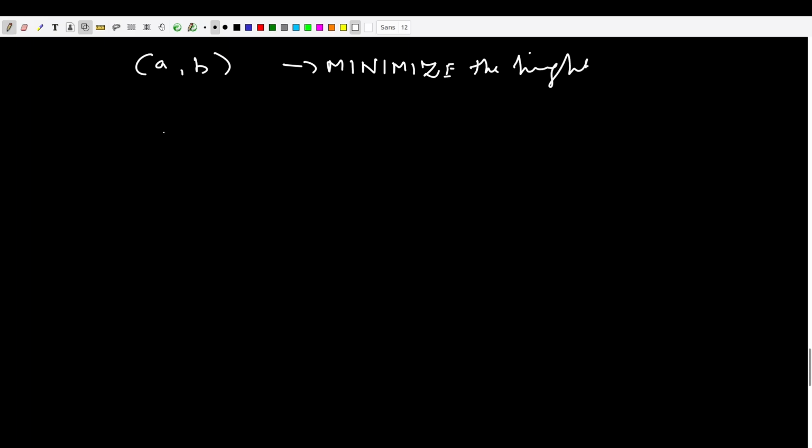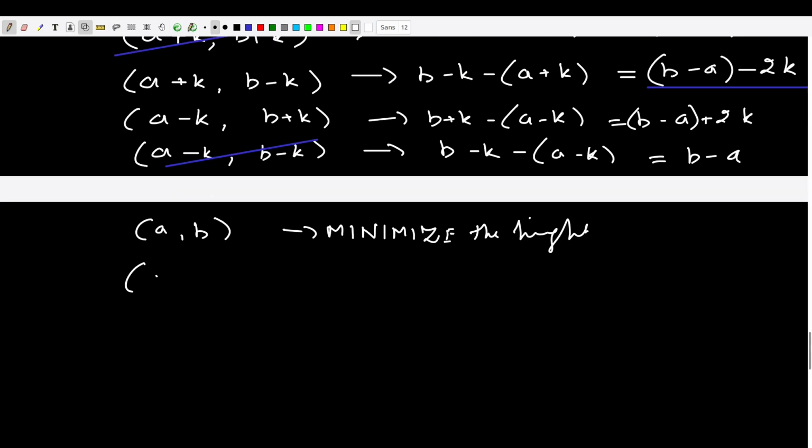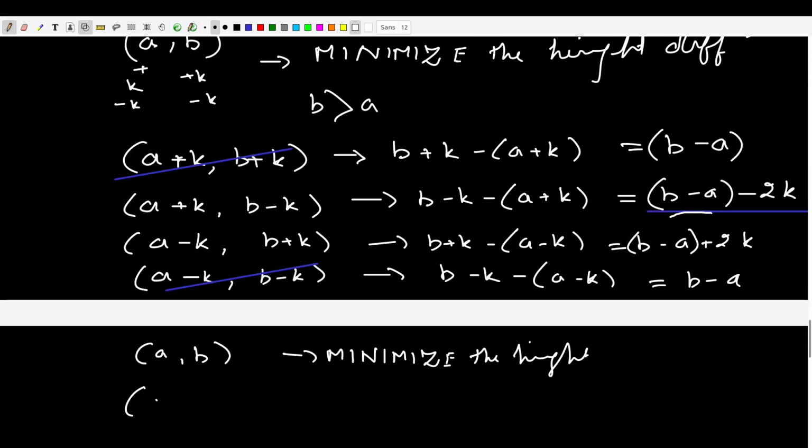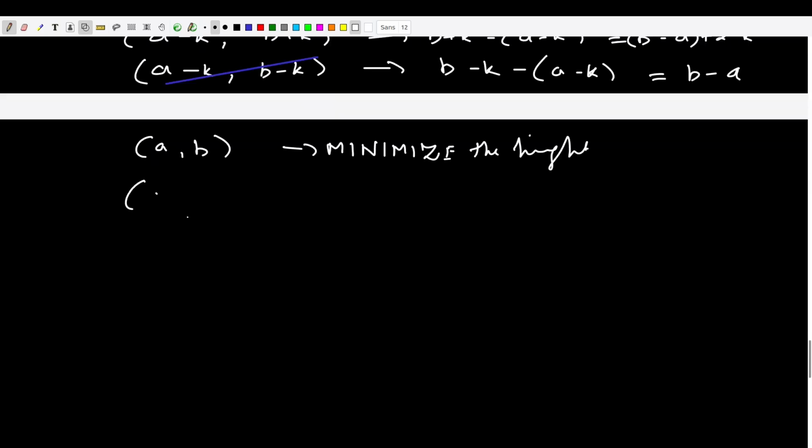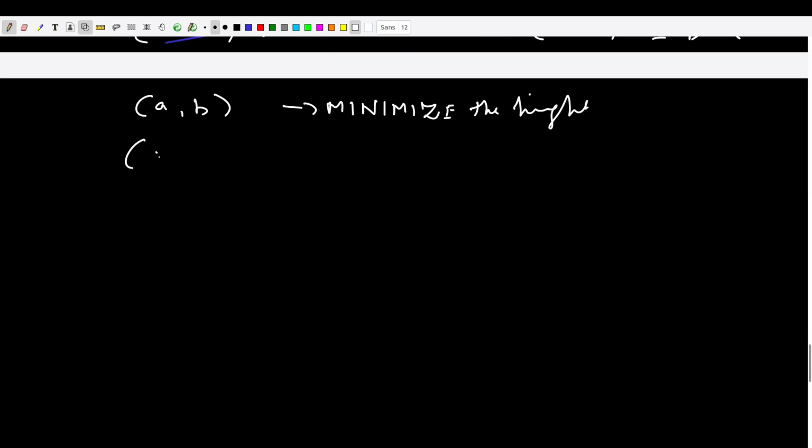So let's go up and see what we had to do here in order to obtain this. I have to add k to A and I have to subtract k from B. So let us add k and subtract k here, and that is how we will be able to minimize the height.